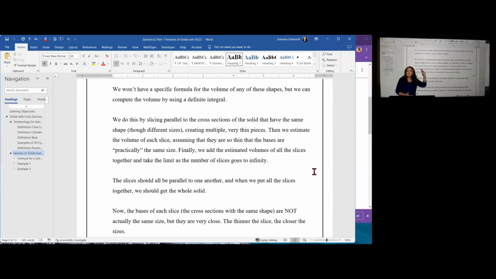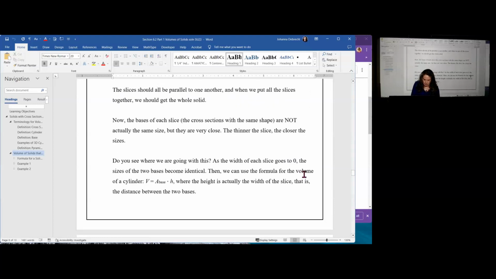We're going to create multiple very thin pieces so that we can approximate that each piece is a cylinder, where the two edges are the same size as well as the same shape. And we multiply the area of that cross-section by the differential to get the volume, add them all together, and take the limit as the number of slices goes to infinity.